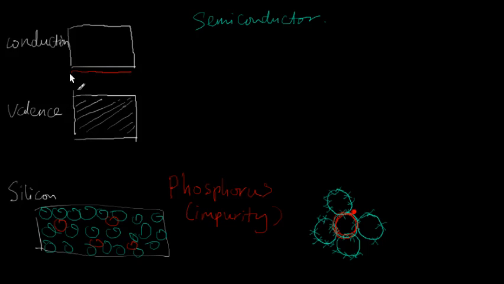Okay, the phosphorus introduces an energy level that is just below the conduction band, and the electrons that it introduces are in this band.